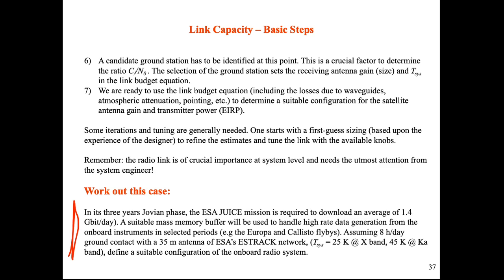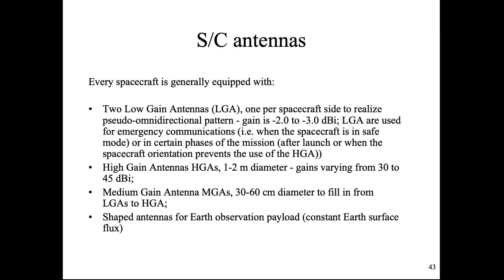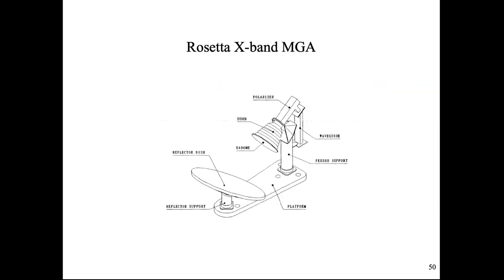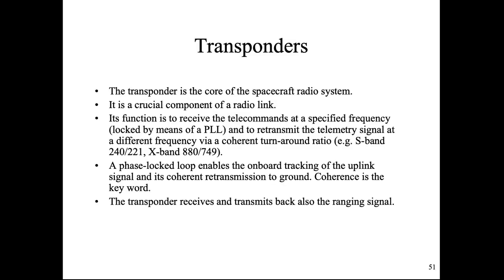So, last time we went on, we will skip all this part and we will describe antennas again. This is the illuminator, the horn. I will show some more pictures. Transponders. The other crucial onboard element is the transponder.